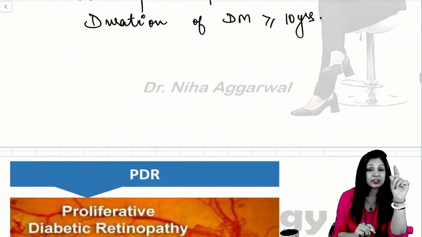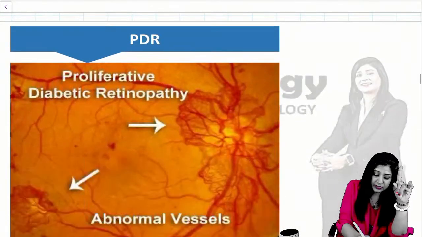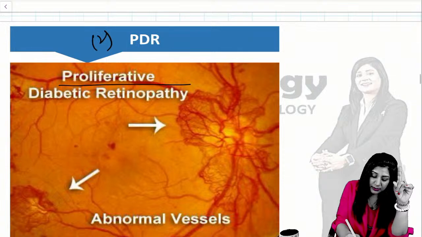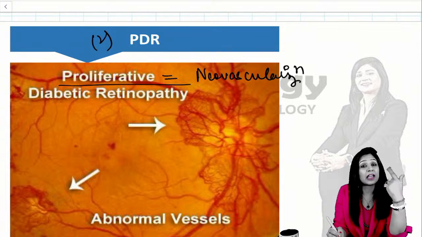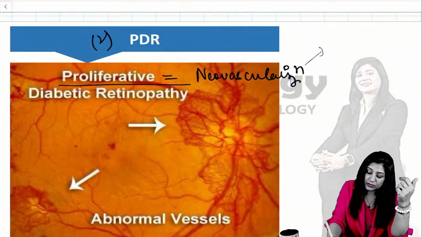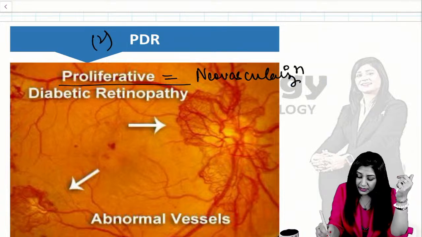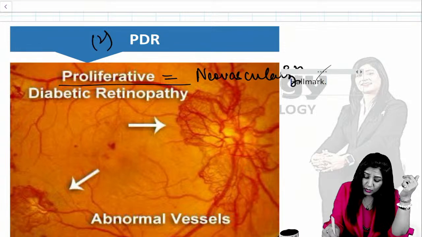Stages, as you have seen: number one was NPDR, number two is the PDR. PDR is proliferation, and proliferation is equal to neovascularization. So one will have no neovascularization, one will have neovascularization, and this neovascularization is the hallmark of the PDR.